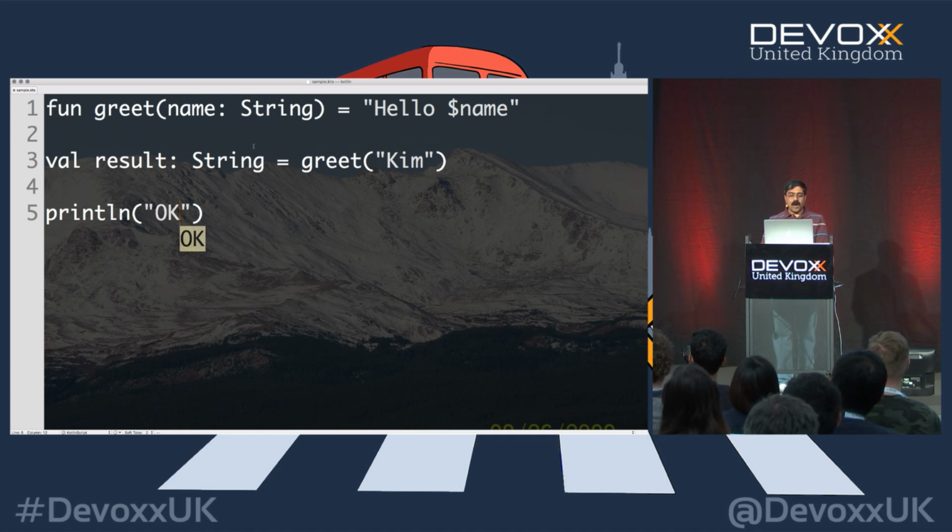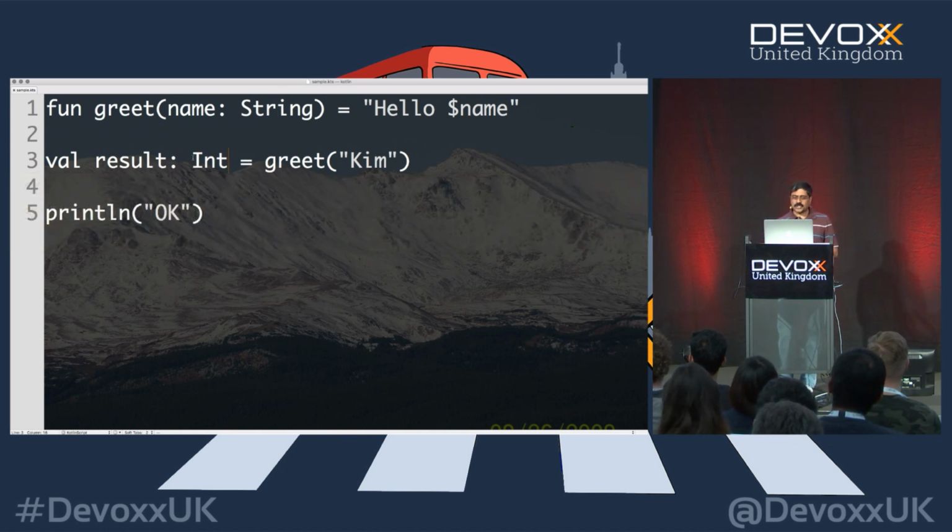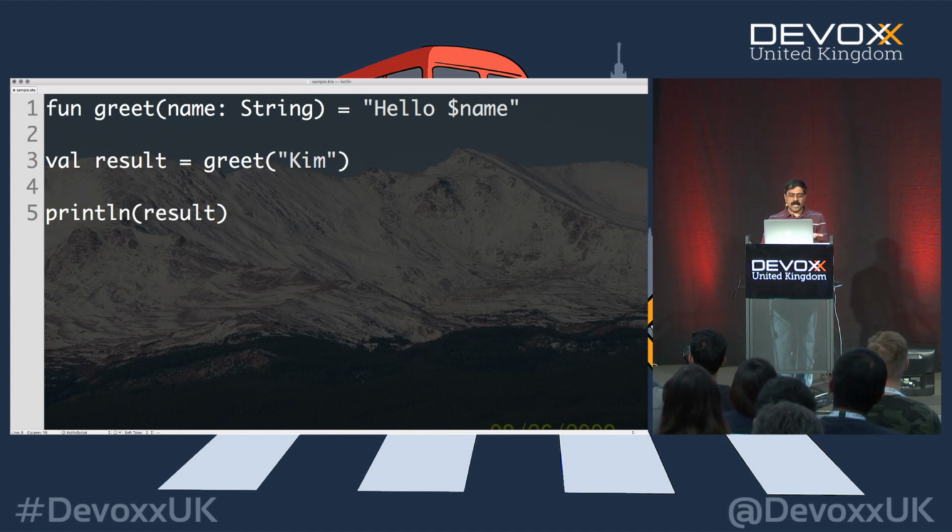On the other hand, if I said Int over here, it gives us an error because we have a mismatch. The function is returning a String, you cannot assign it to an integer. The type inference took place already for you. Of course, I want to really print out the result of this call, so we'll print the result, which is hello, Kim, and you can see that it's printing that right there. So the point really is the type is being inferred in this case, and that works really well.